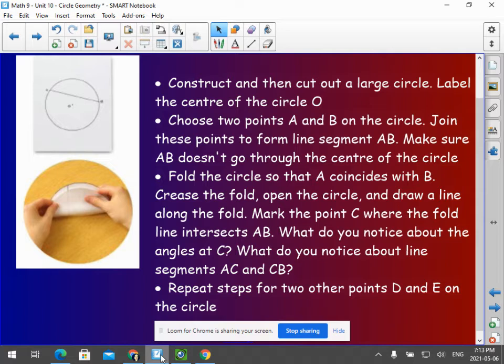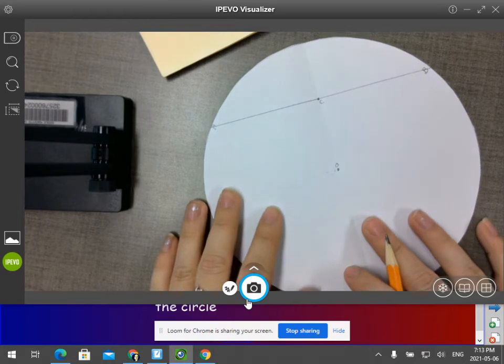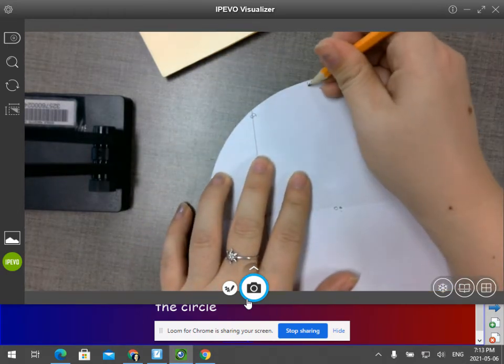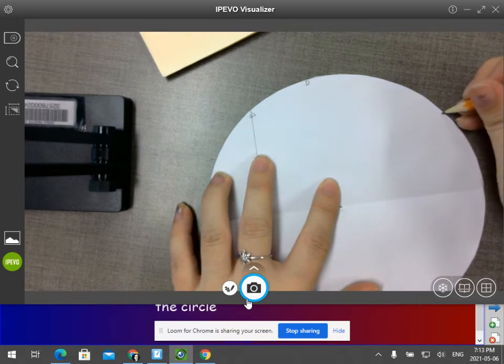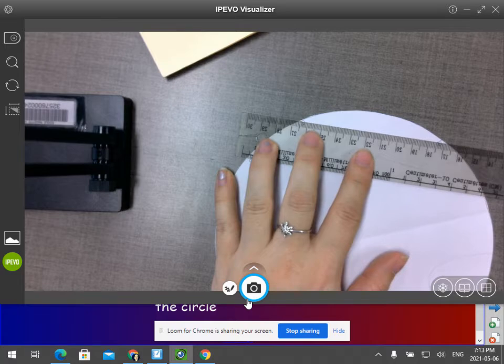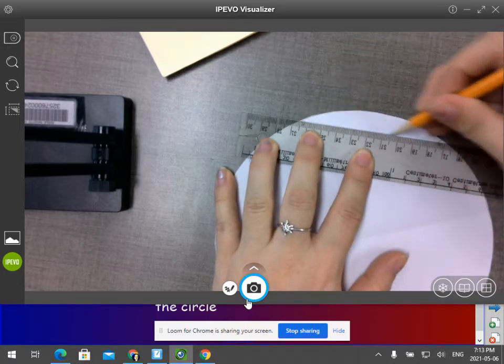Once we have done that step, it is going to ask you to repeat the steps by adding 2 more points, D and E, on the circle. Once again, go back to the circle, and I'm going to turn my circle around. I'm going to put the letter D over here and the letter E over here, and connect those 2 points.